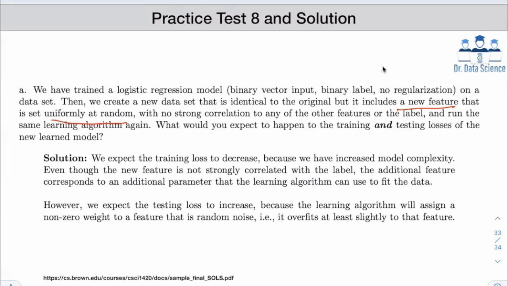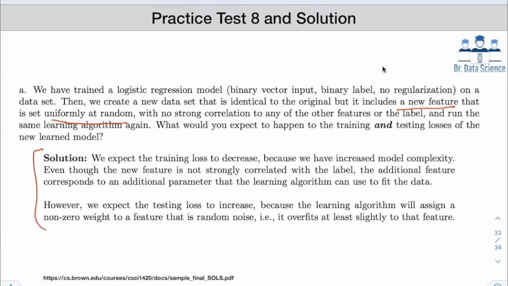And if you run this logistic regression again on this new data set with the extra feature, what would you expect to happen to the training and testing error of your model, right? So you have the solution here.